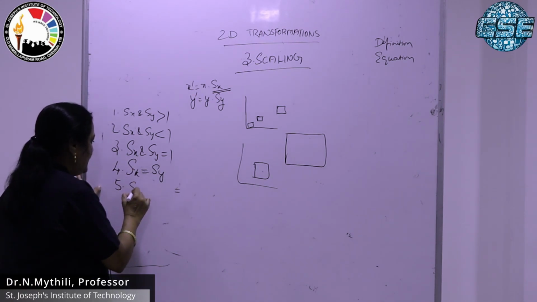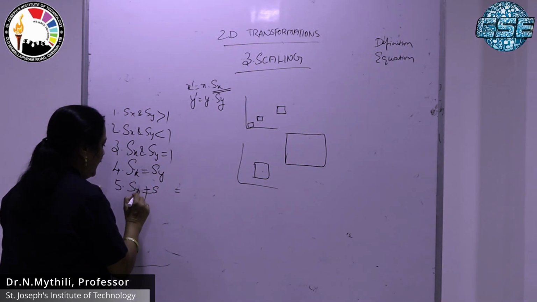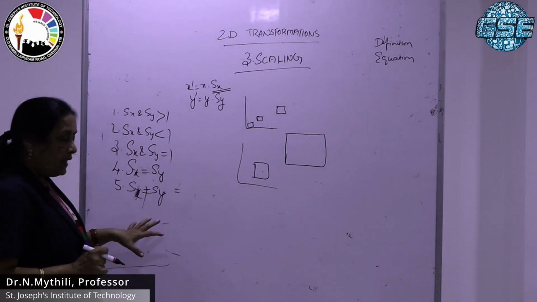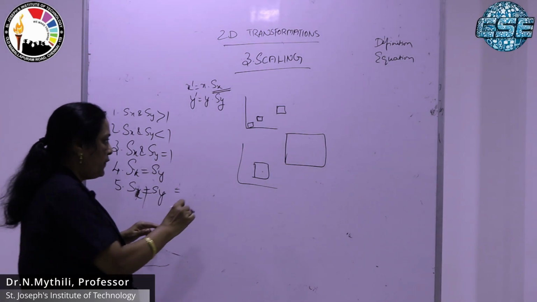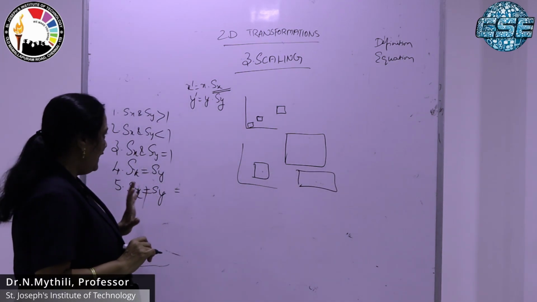And the fifth case is, suppose you have unequal values of sx and sy, you will have change in shape of the object. Suppose you have a square, after transformation you can have a rectangle, right.